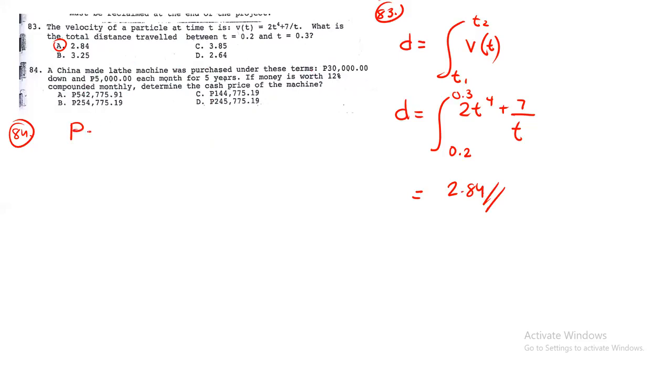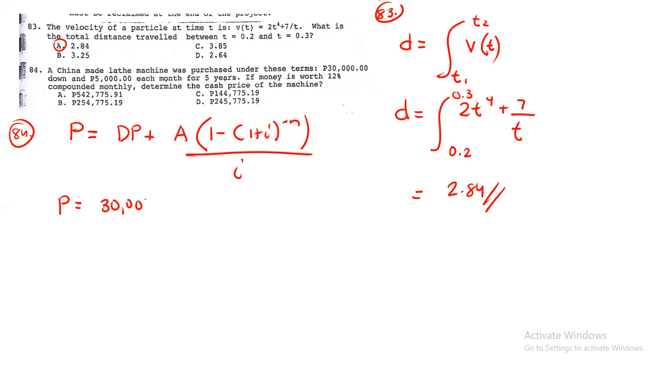So, present worth is equals to, syempre, add natin yung down payment plus yung formula ng annuity. So, 1 minus 1 plus i raised to negative n over i. So, present worth is equals to down payment, 30,000 plus annuity times 1 minus 1 plus 0.12. So, compounded monthly, divide mo ng 12.